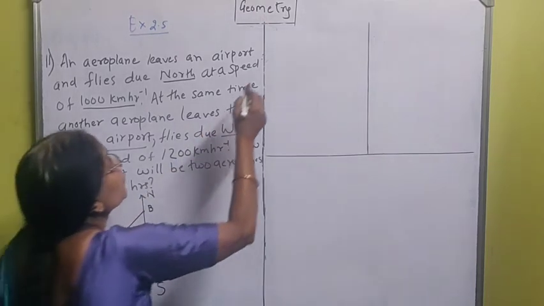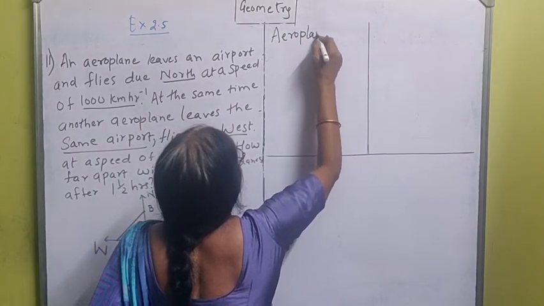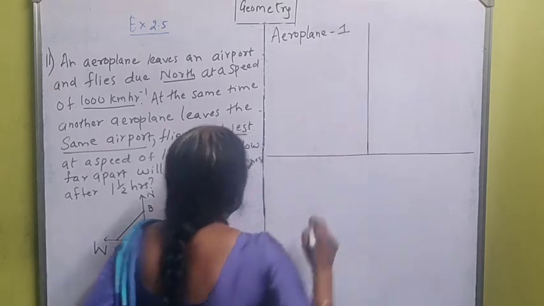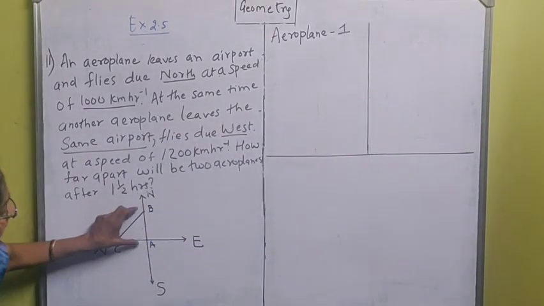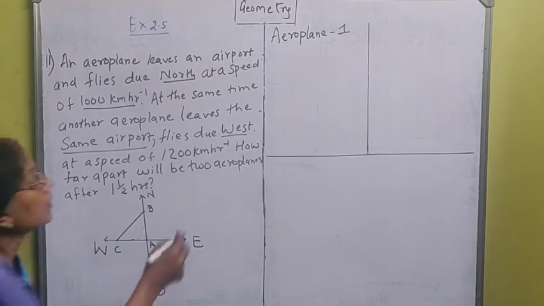So first I am going to find out for aeroplane 1 the distance AB. AB is the distance for aeroplane 1. So what is the distance travelled by the first aeroplane?